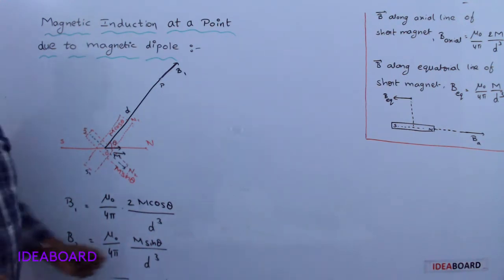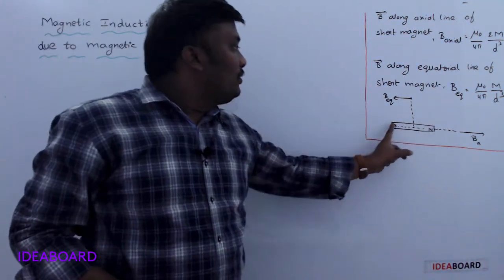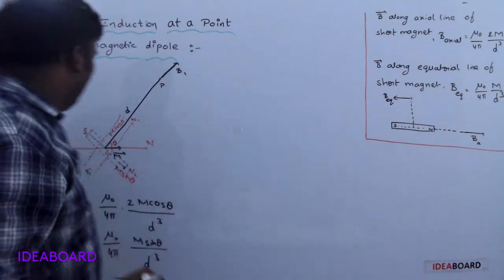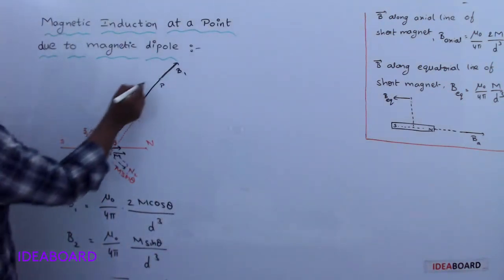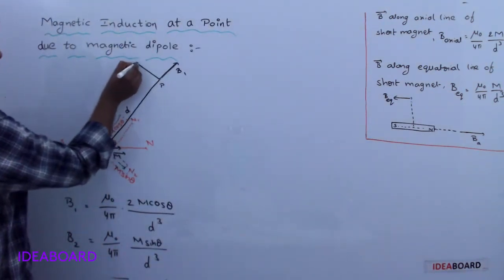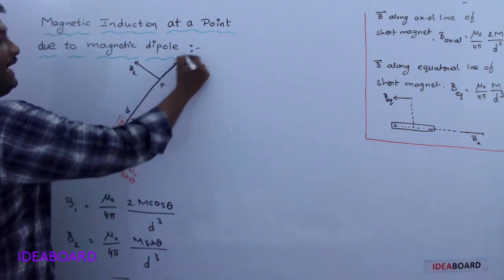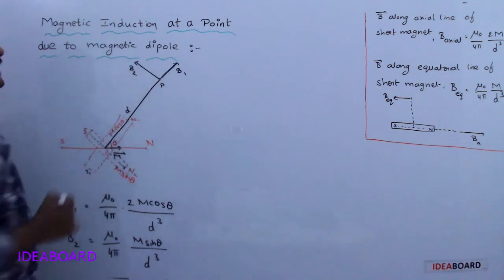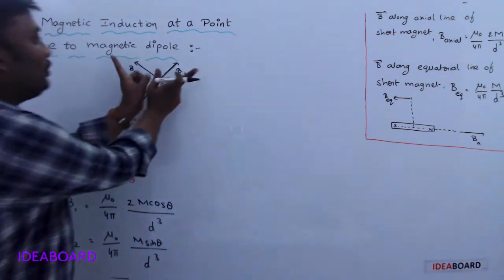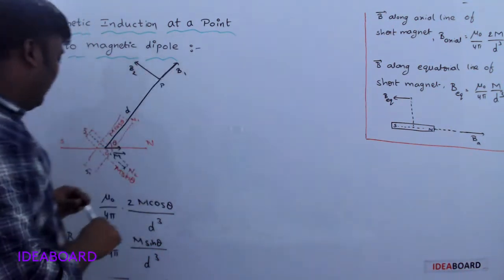The direction is from north to south. So B1 acts in this direction and B2 acts in this direction, and both are perpendicular to each other.